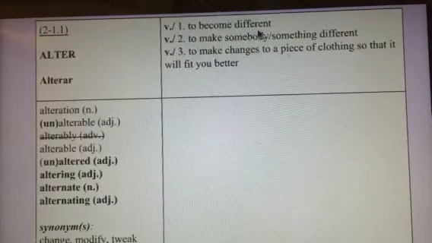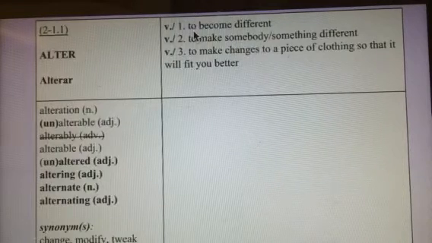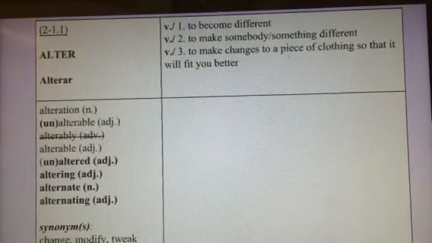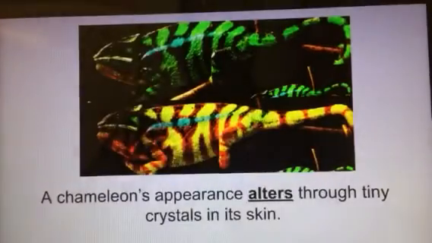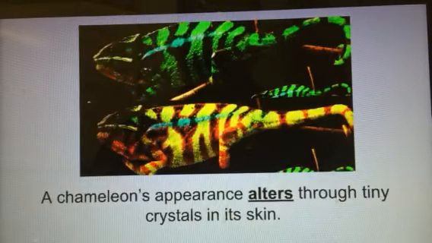The first definition is simply to become different. To become different. Let's look at an example. A chameleon's appearance alters through tiny crystals in its skin. So a chameleon is a type of animal whose appearance can change.